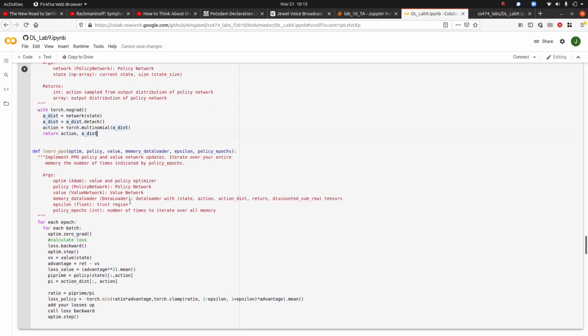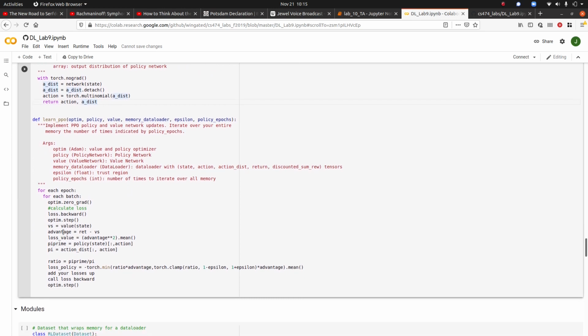One other thing, the advantage also has the value in it, but after we calculate the value loss, we're going to be using the advantage here. And so we'd like to detach, we're using the advantage down here and right here.